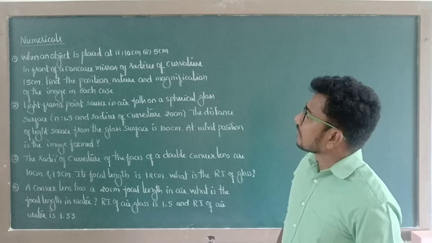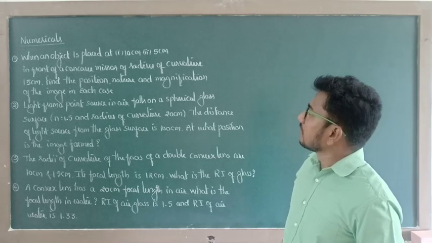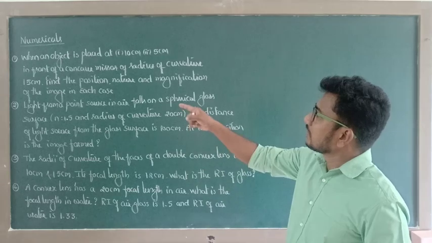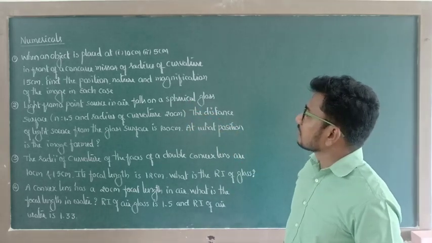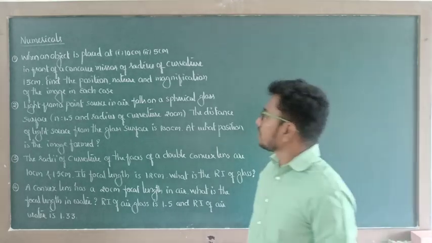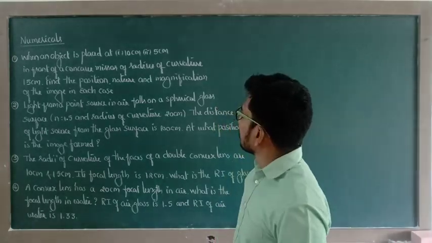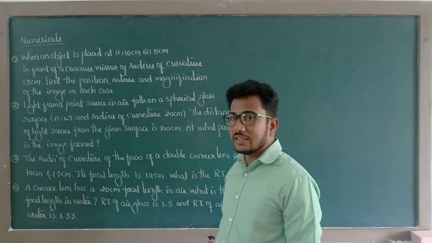First one: when an object is placed at 10 centimeter, 5 centimeter in front of a concave mirror of radius of curvature 15 centimeter, find the position, nature and magnification of the image in each case.